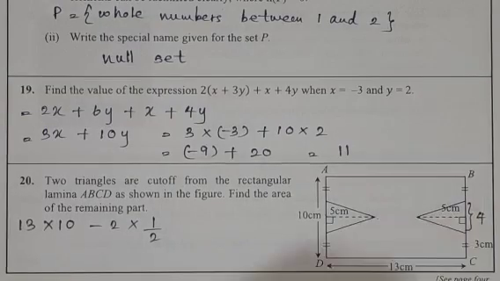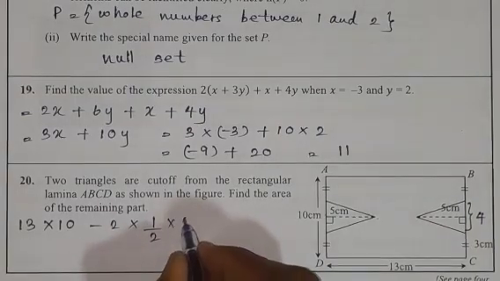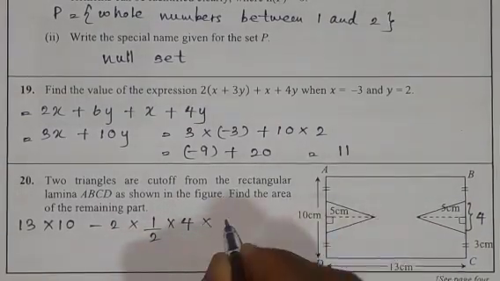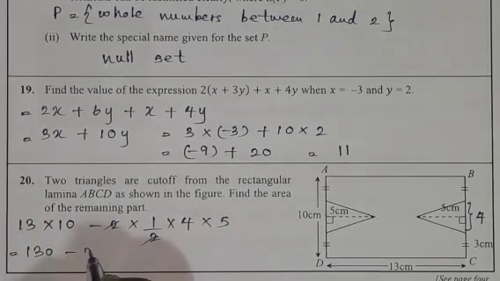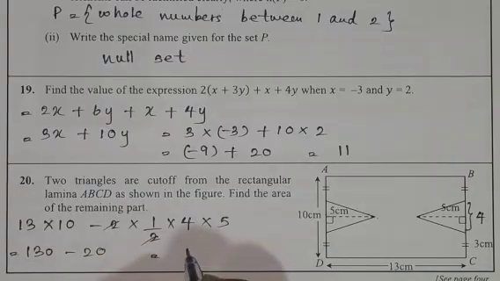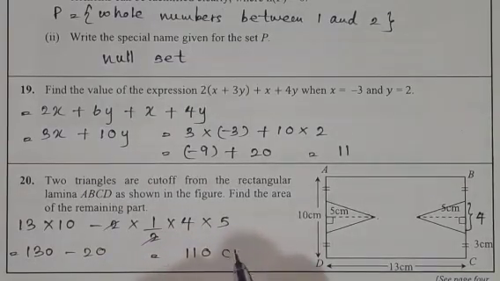Base of one triangle is 4 centimeters. Half into 4 into 5. 2 and 2 we can remove. 130 minus 20. That is 110. The unit is square centimeters.